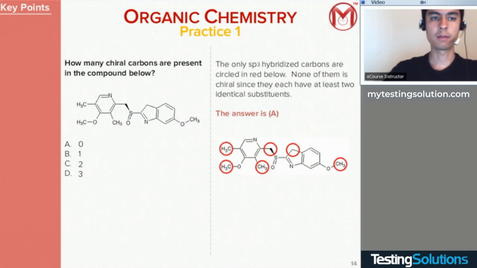And the answer is none. They all have at least 2 identical groups. Here I have 2 hydrogen atoms. Here I have 2 hydrogen atoms. All the others have 3 hydrogen atoms. So none of them is chiral. So the answer here is A.